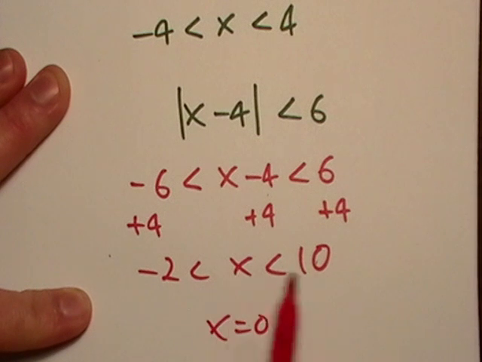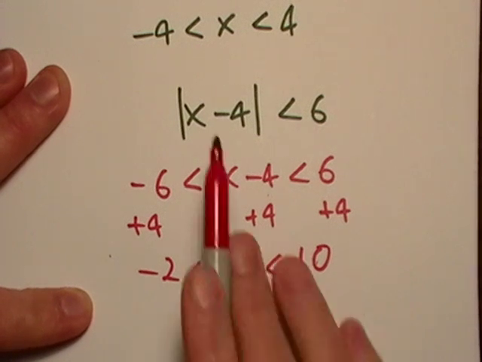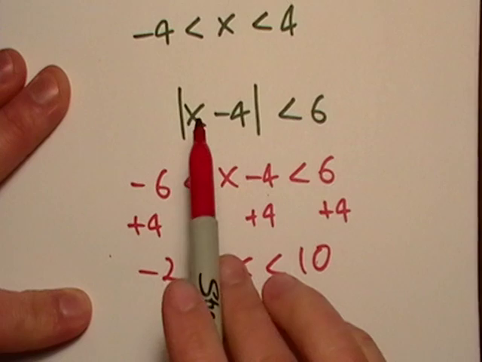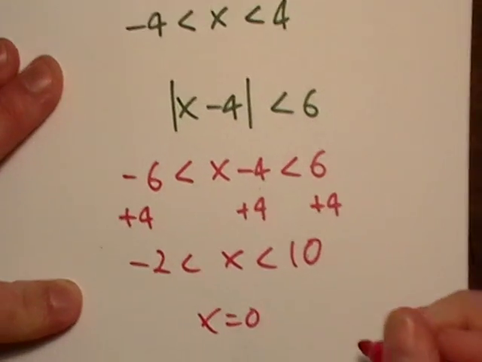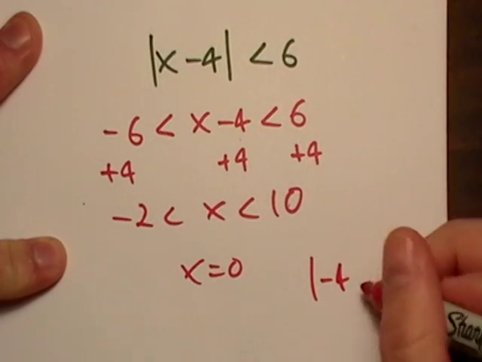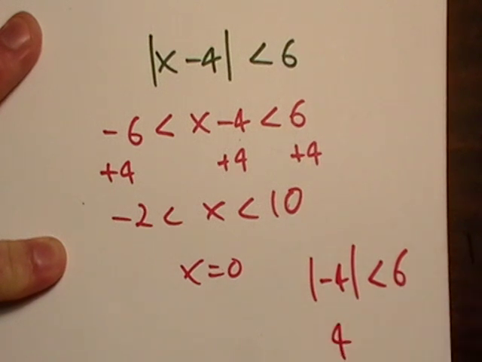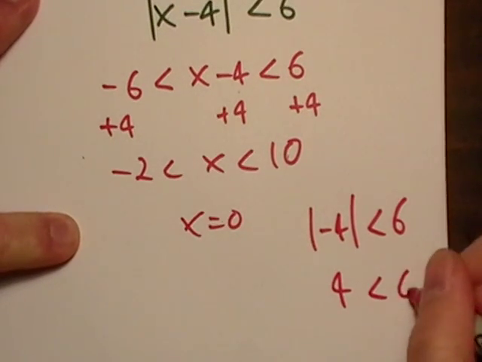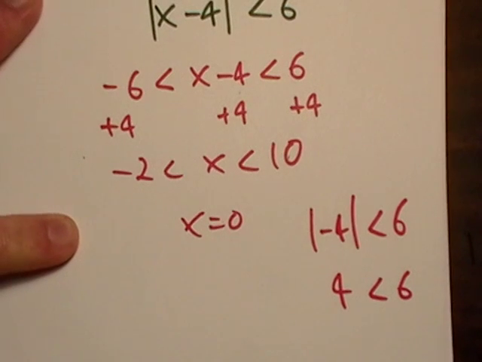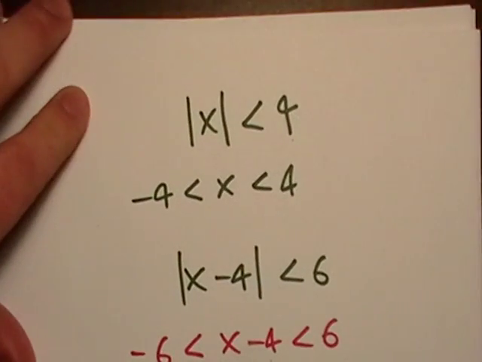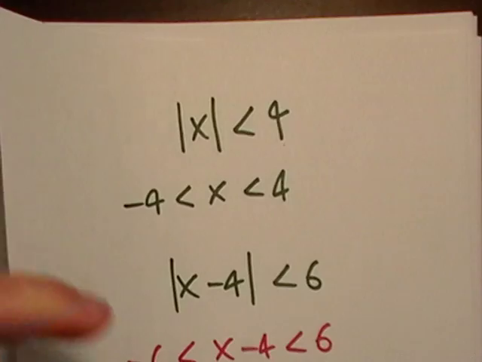Well, 0 certainly falls between 10 and -2. So if I go 0 minus 4, I end up getting the absolute value of -4 being less than 6. And we know that the absolute value of 4 is 4, and that's certainly less than 6. Okay? So go ahead, familiarize yourself with that.